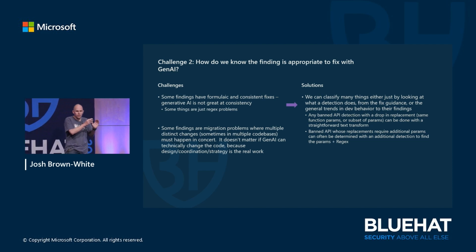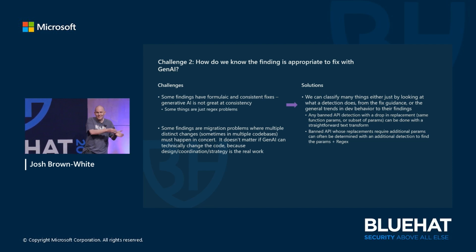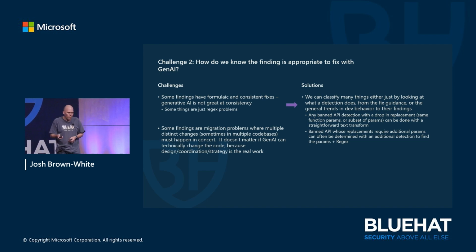Then the next category of things is like that example I started with, where the real work is coming up with the strategy to migrate from one thing to another, where we have to figure out how to move all of our existing data that might be in a particular format to a new format, or coordinate changes between server and client or between peers that are communicating. The work is on the collaboration, the strategy, the design of how you're going to do that. The code changes are fairly inconsequential to it all.